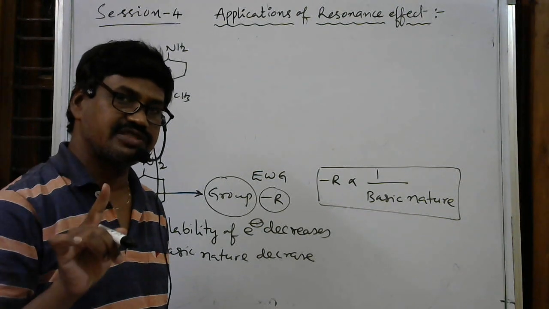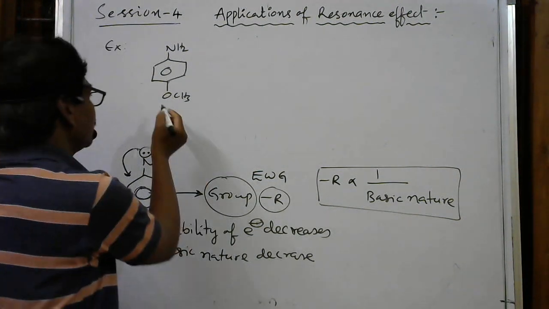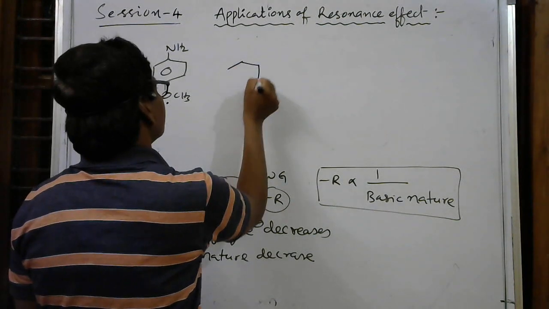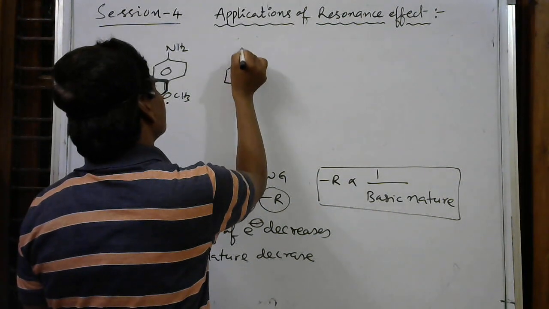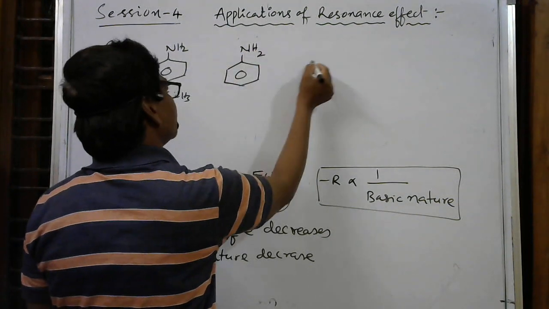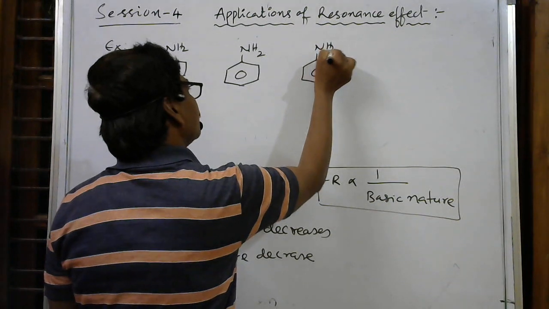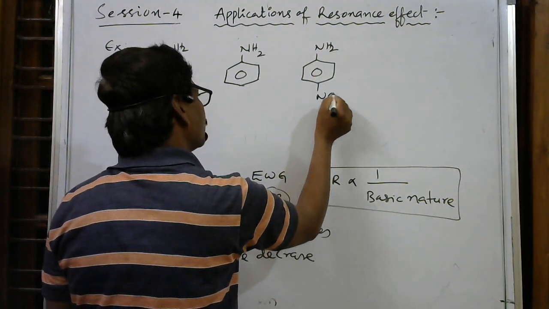Already in the last previous session we have discussed. So I am writing only para group compounds. Then here NH2 with nothing, and one more, where I am writing the electron withdrawing group NO2.